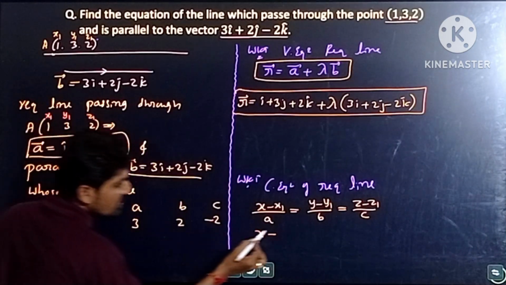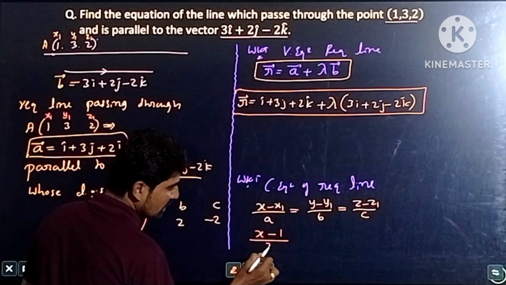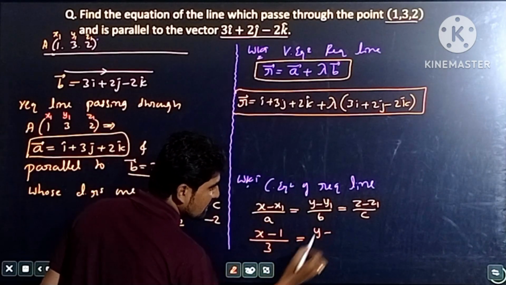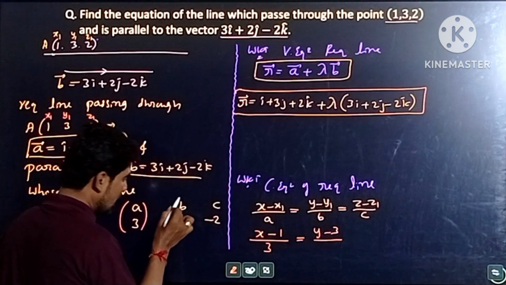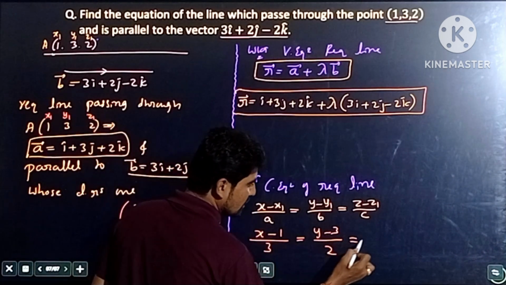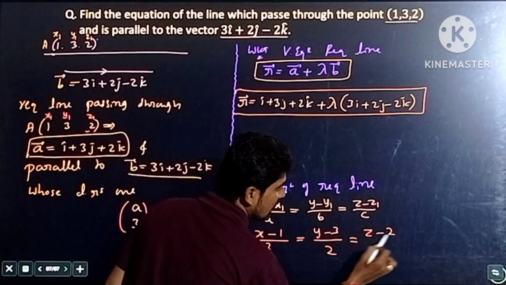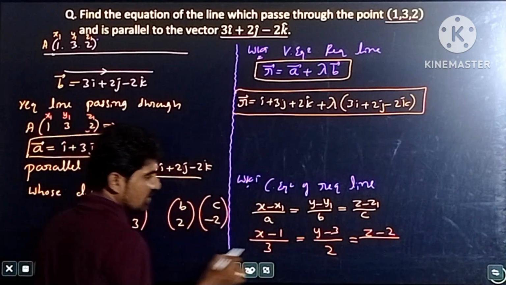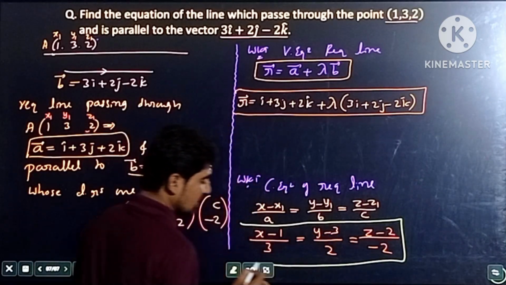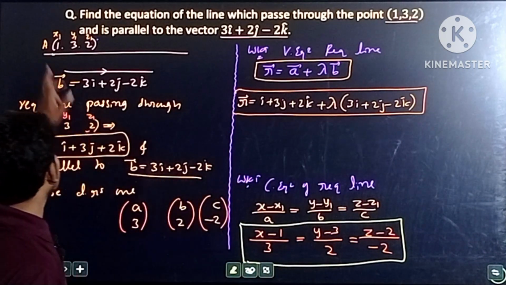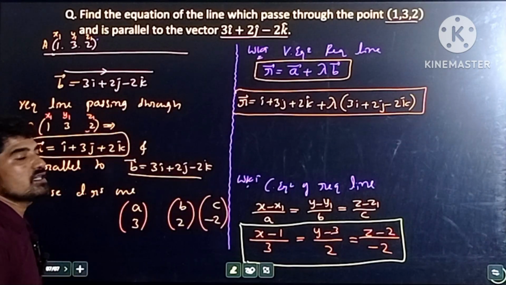So x minus 1 divided by a, the value of a is 3, equal to y minus y1, the value of y1 is 3, divided by b, the value of b is 2, which equals z minus z1, the value of z1 is 2, divided by c, the value of c is minus 2. And this is the required Cartesian equation of the line which passes through the point 1, 3, 2 and is parallel to the vector 3i plus 2j minus 2k.